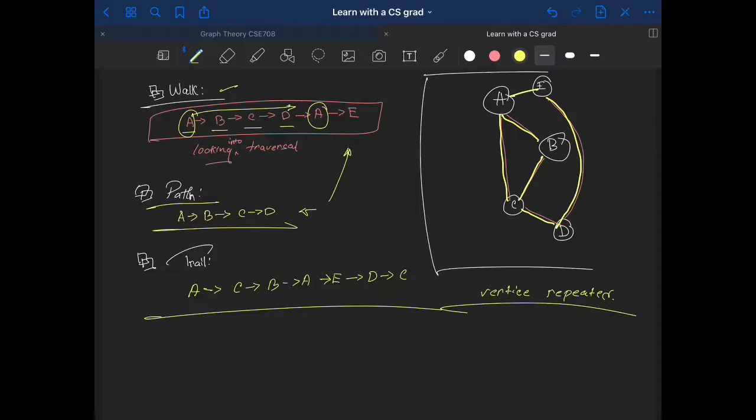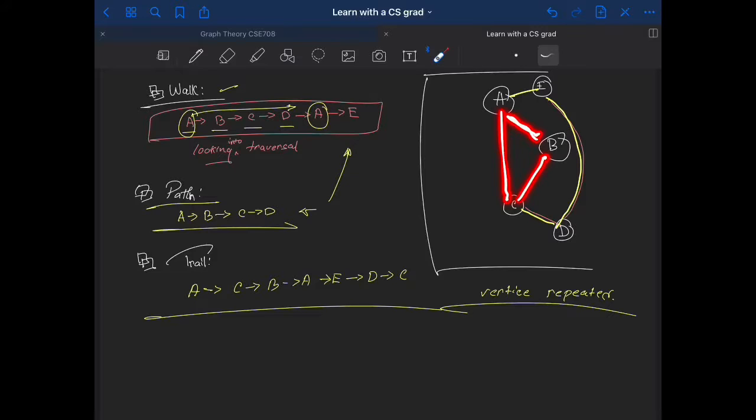So here we can see that from A to C, C to B, this path wasn't traversed. But if you go here, we are visiting A again, so this would be A, C and B. This wouldn't be a path because we are visiting A again. However, when we are talking about trails, this edge wasn't visited.